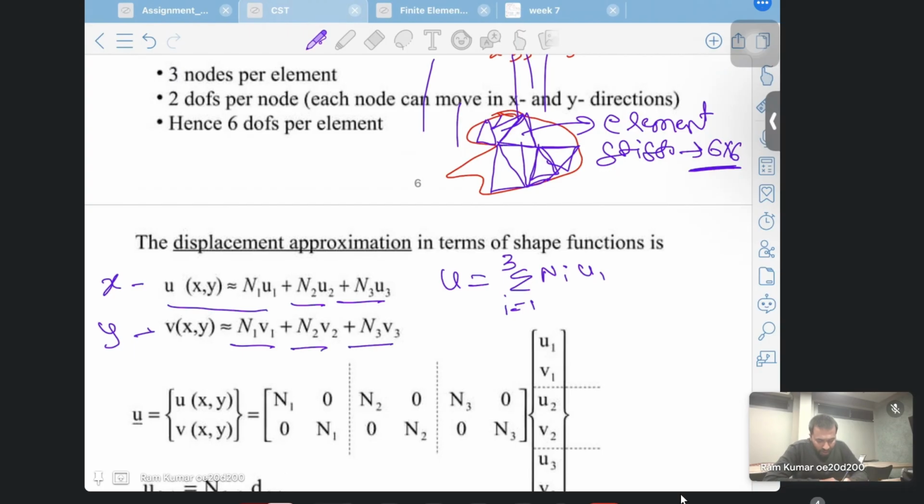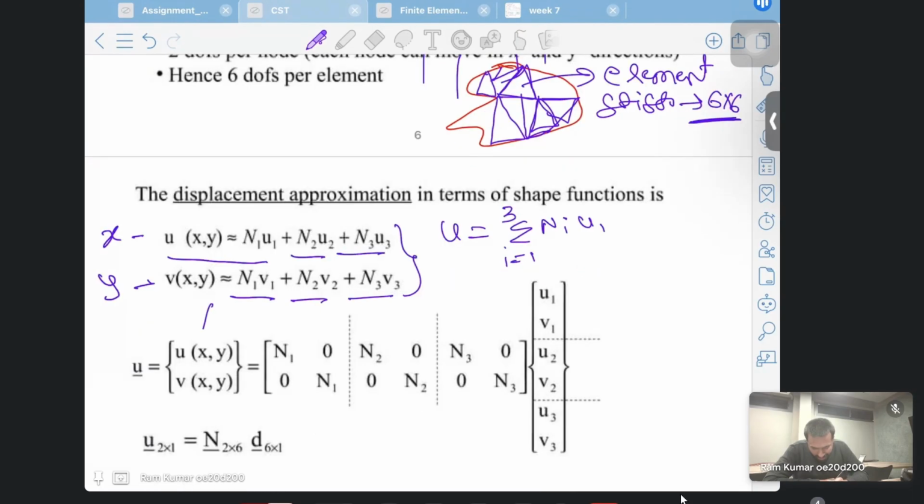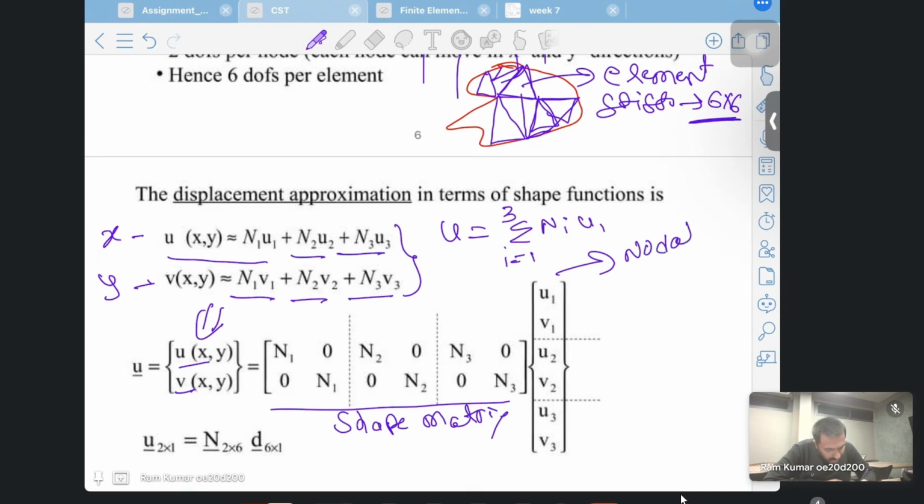This is our displacement, and we can write it in matrix form also. So this will be U and V. This is our shape function matrix, and this is our nodal displacement.